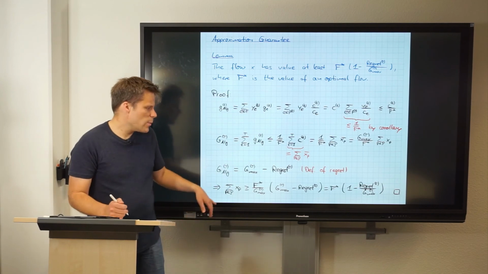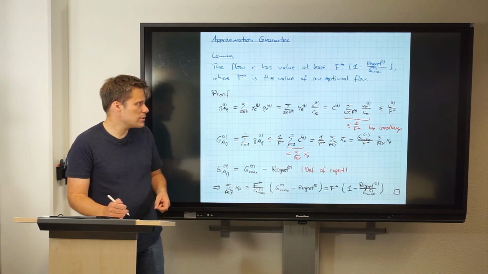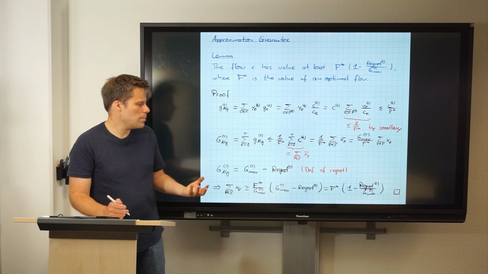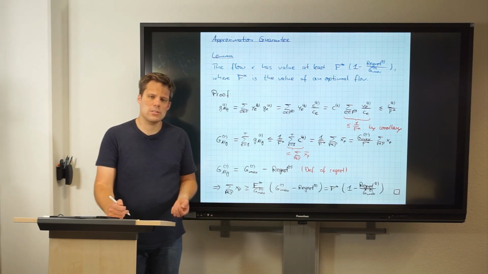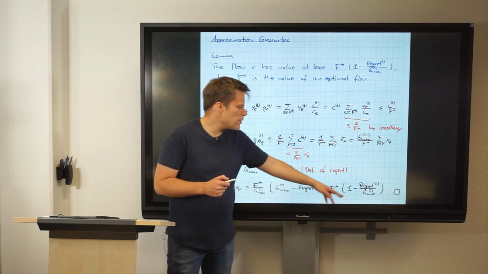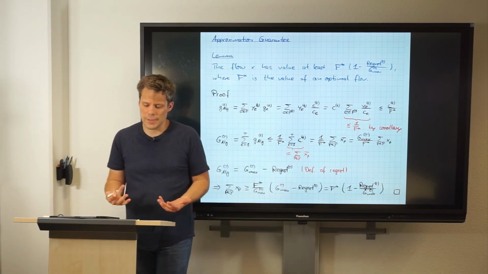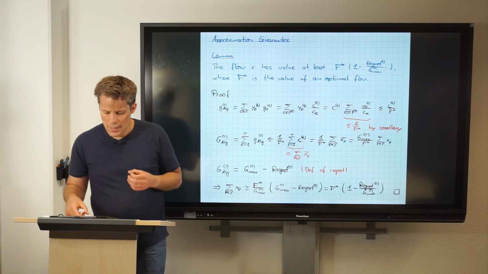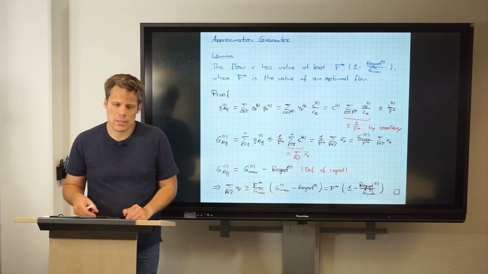Now there's one more thing to turn this into a good bound, namely how big is this G max? Because if this G max were something like 0, then no regret bound at all would help us here. But we can now derive a lower bound on G max.